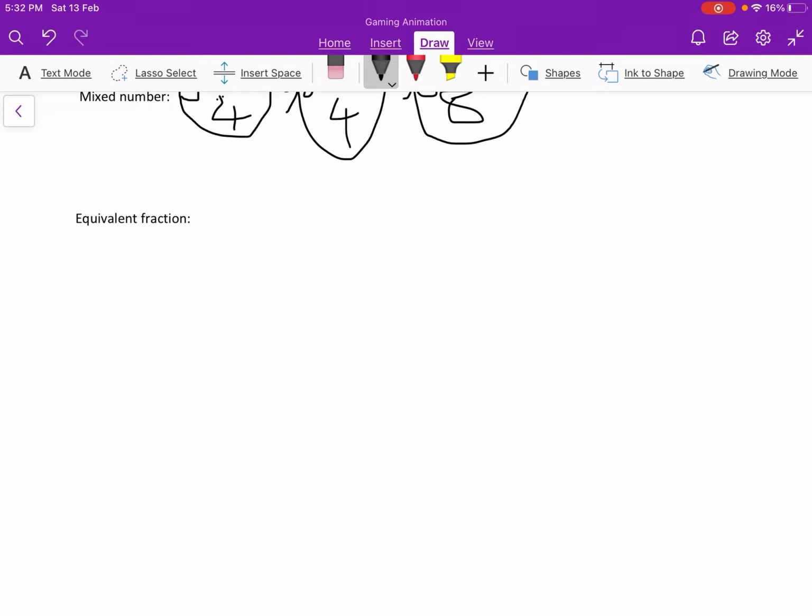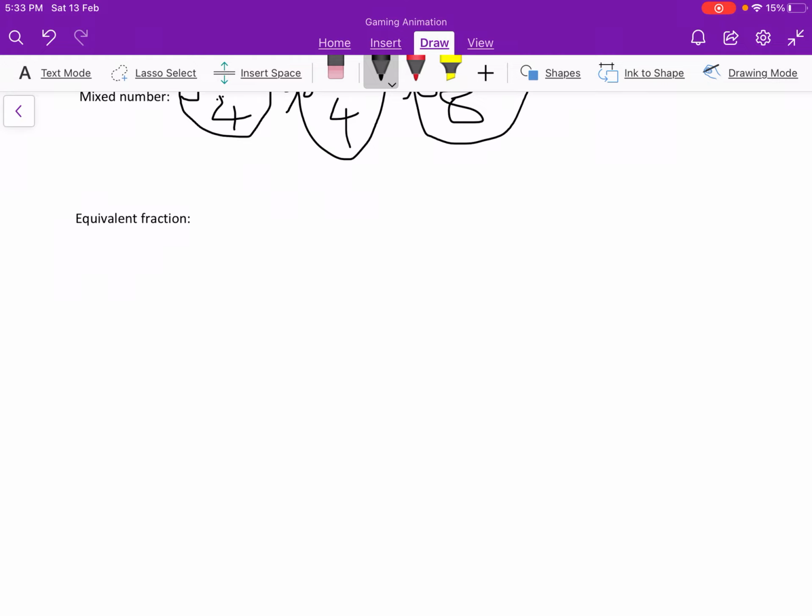Okay, so let me give you an example. Equivalent fractions mean two or more fractions representing the same part of the whole are known as equivalent fractions. Example: 1 by 2, 2 by 4, 3 by 6. Two or more fractions representing the same part of the whole are known as equal fractions.